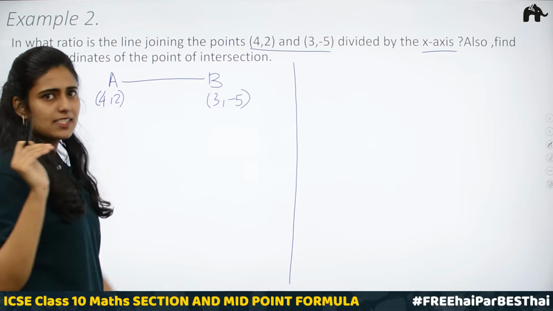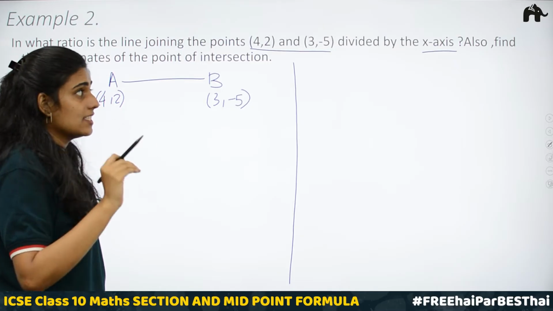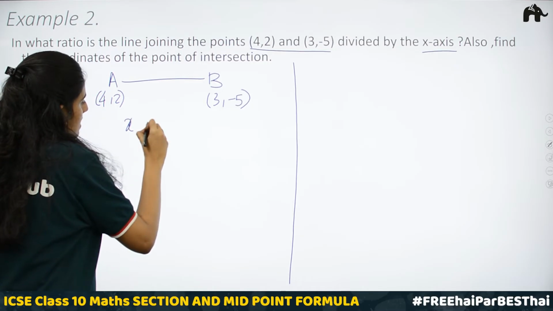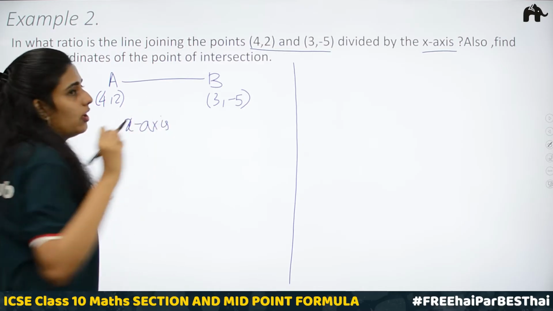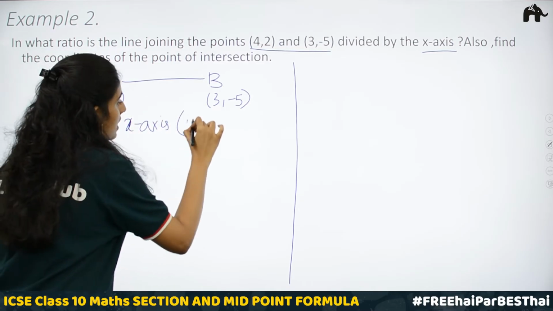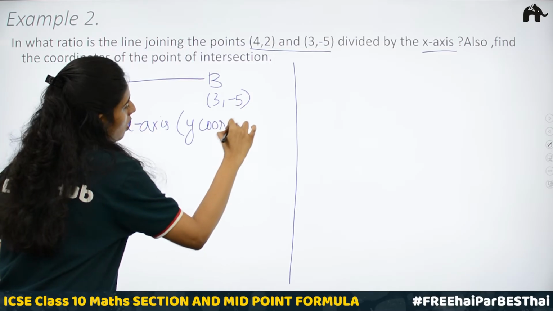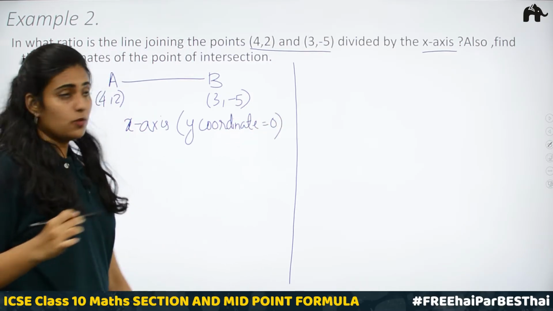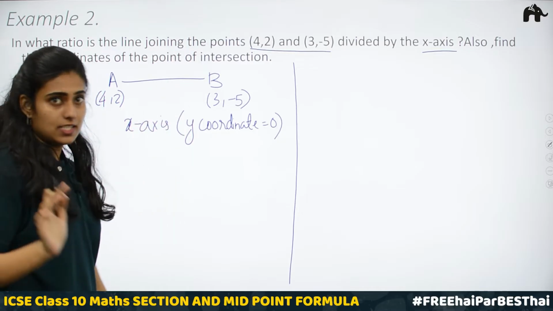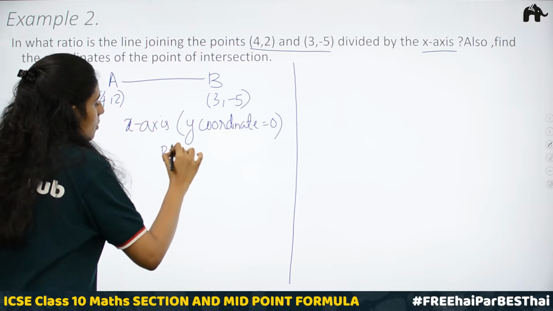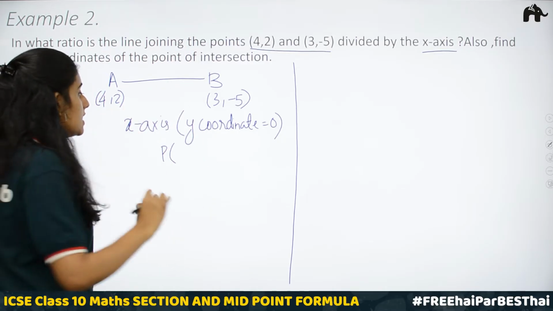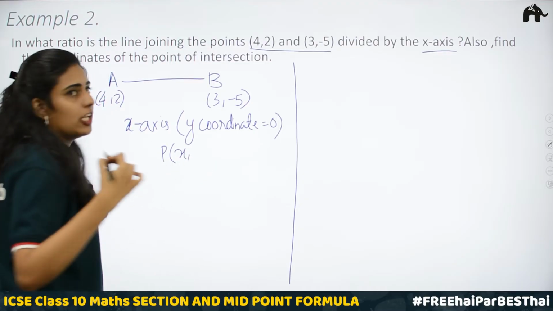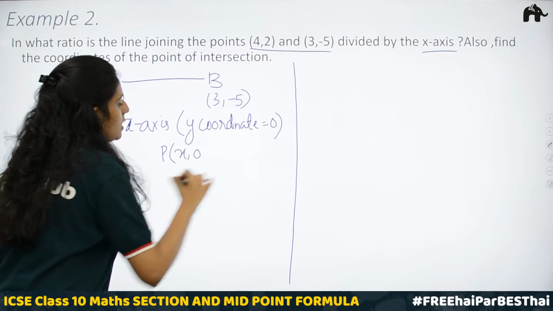Divided by the x-axis means every point along the x-axis will have y coordinate, or the ordinate, equal to 0. Which means for the point we are considering, we'll have point P such that the x coordinate will have some value x, but the y coordinate will be 0.